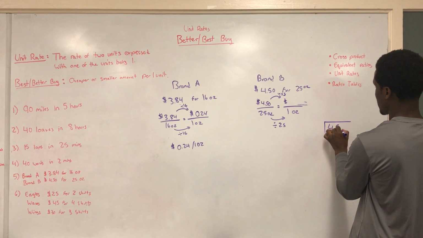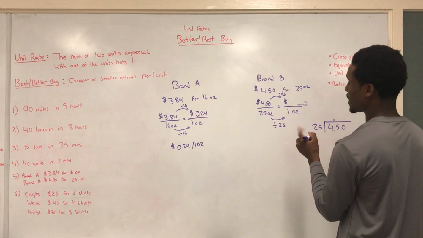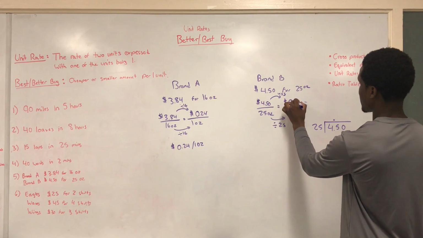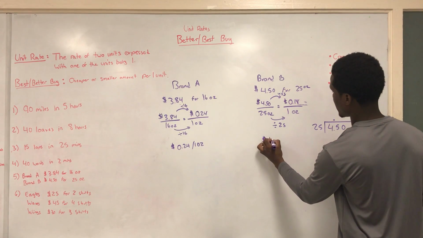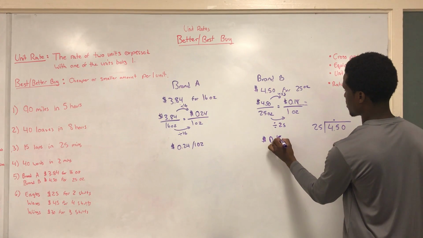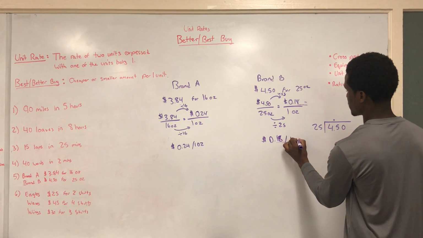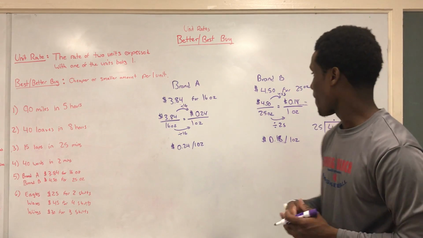So 4.50 divided by 25, I'm going to get an answer of 18 cents. So that means I'm paying 18 cents per 1 ounce.